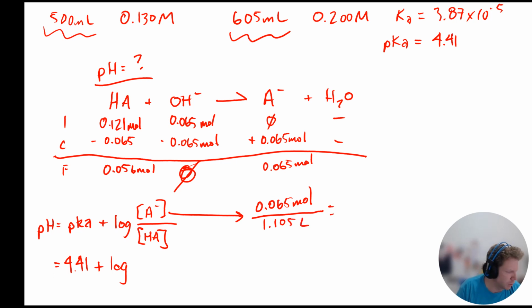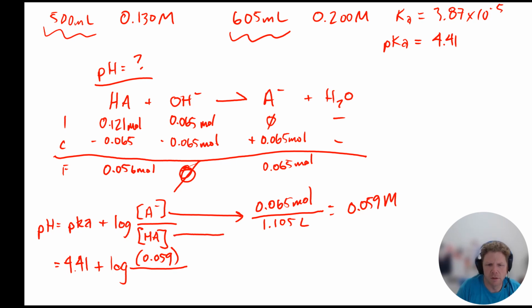So this is going to be 0.065 moles divided by 1.105, which is 0.059 molar. So that's A. So I'm going to plug in 0.059, close the parentheses off, and then divide this by this number, 0.056 divided by 1.105, that is going to be equal to 0.051.